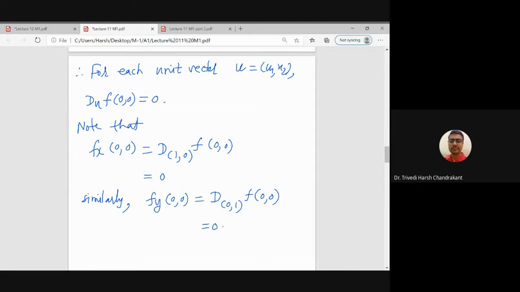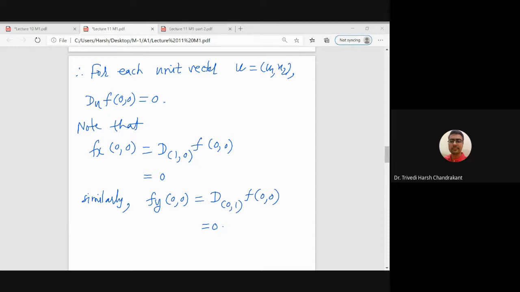So what we got is fx is 0, fy is also 0 at the origin. So any doubt? Yeah. So both the partial derivatives are 0 at the origin. That means the gradient is 0 at the origin.